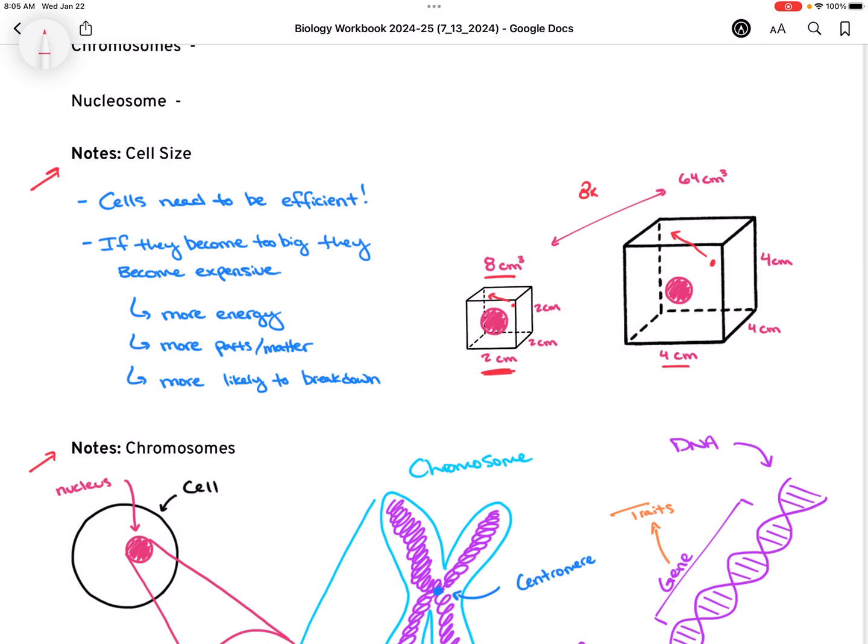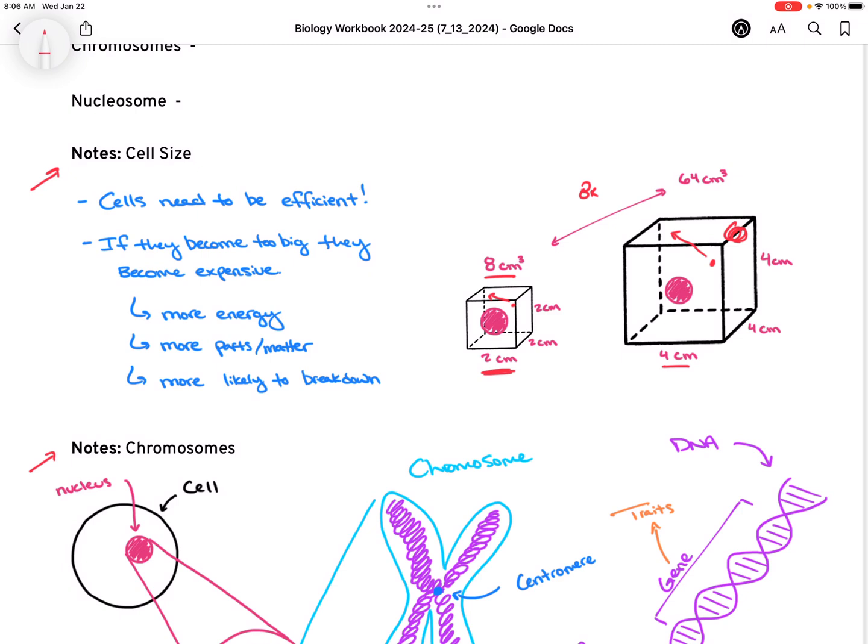Transporting things across requires more energy to do processes. It needs more parts and more matter, which means the organism needs to get more nutrients to keep that cell alive. And if there's a breakdown over here, it's going to be much harder for it to get fixed because it's so big and we have to travel these great distances to fix them.